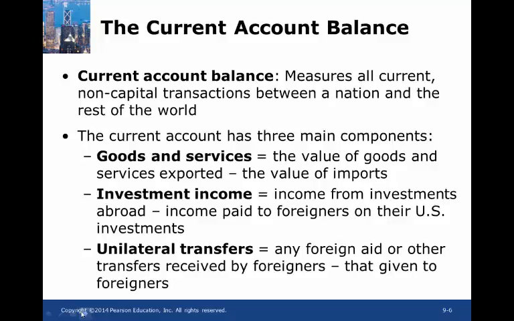It also includes investment income, and this is mostly composed of income from dividends or interest payments. And finally, unilateral transfers. This equals any foreign aid or other transfers received by foreigners. This can be both public or private.